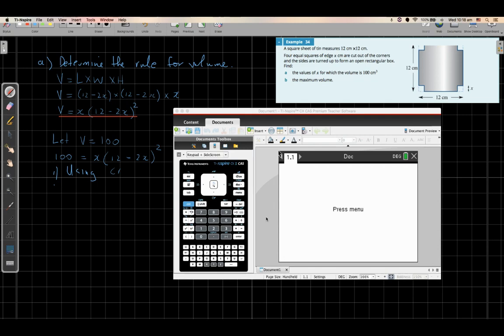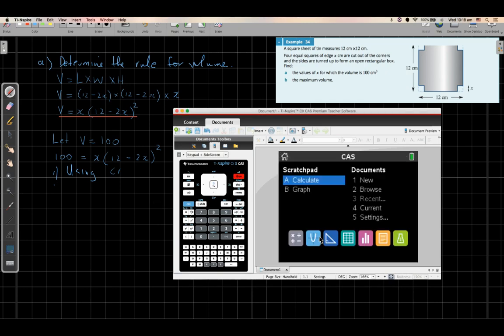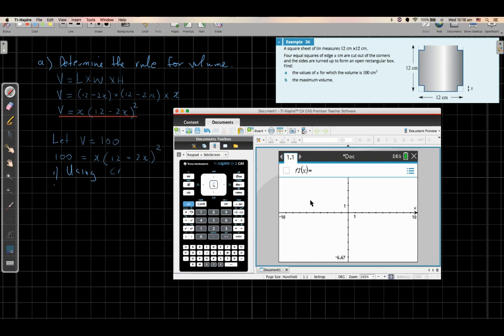So when we're graphing these, we'll go home, choose graph, and the volume is x outside of (12 minus 2x) all squared.